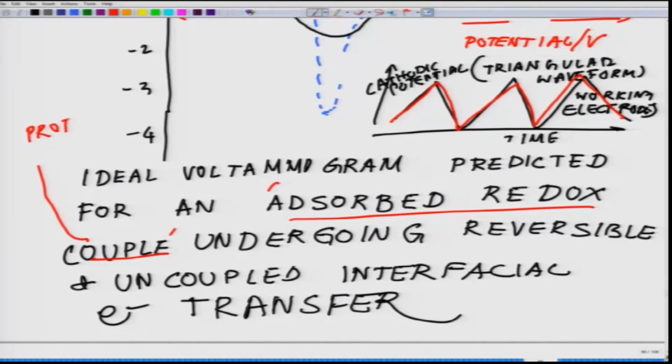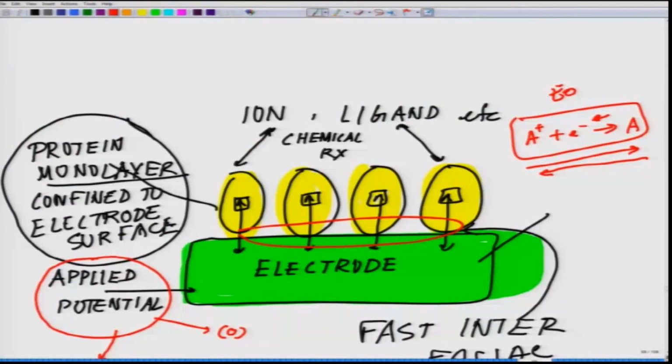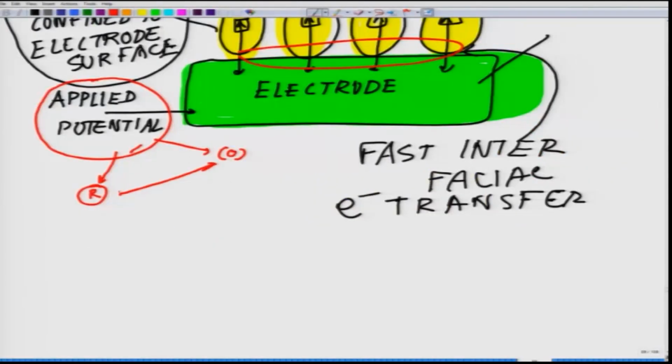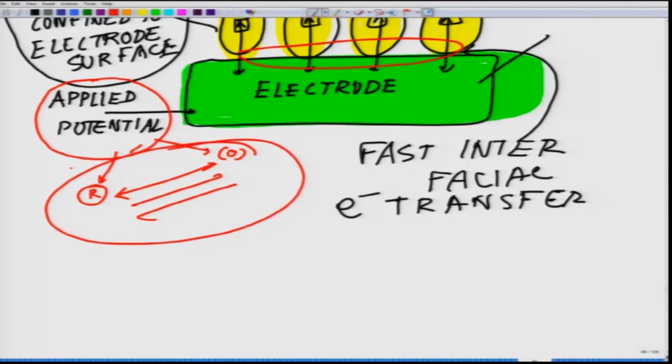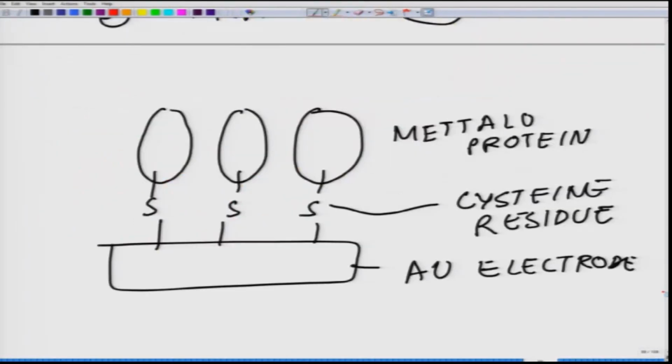In this case we are talking about the protein undergoing reversible uncoupled interfacial electron transfer. So the electron transfer is happening here, and this applied potential allows it to go reversibly in the forward as well as in the reverse direction. Okay. So these kinds of techniques could be used, and how we are attaching them.